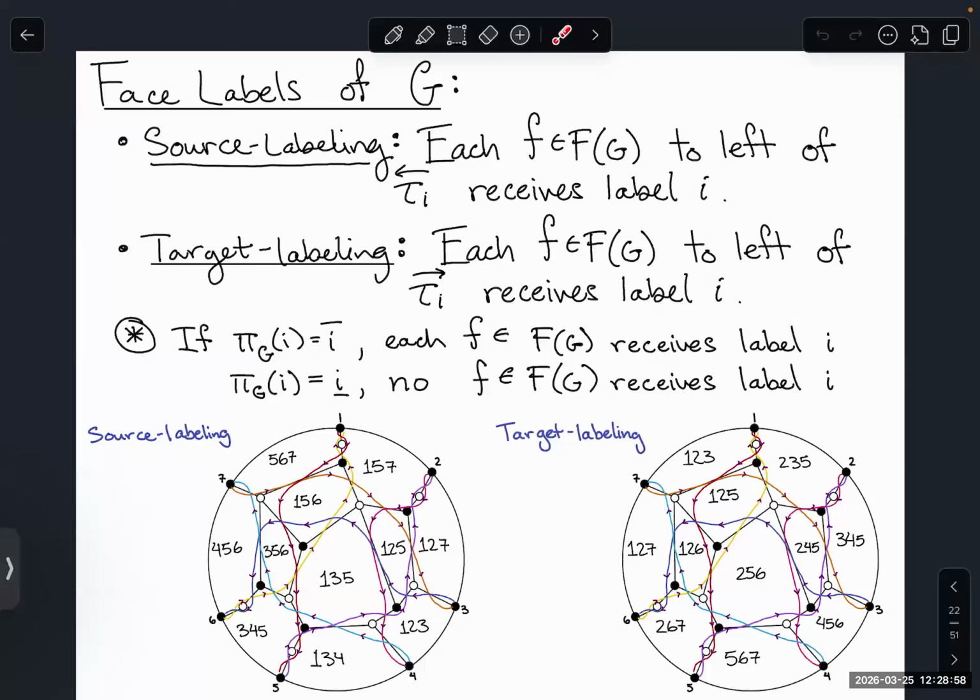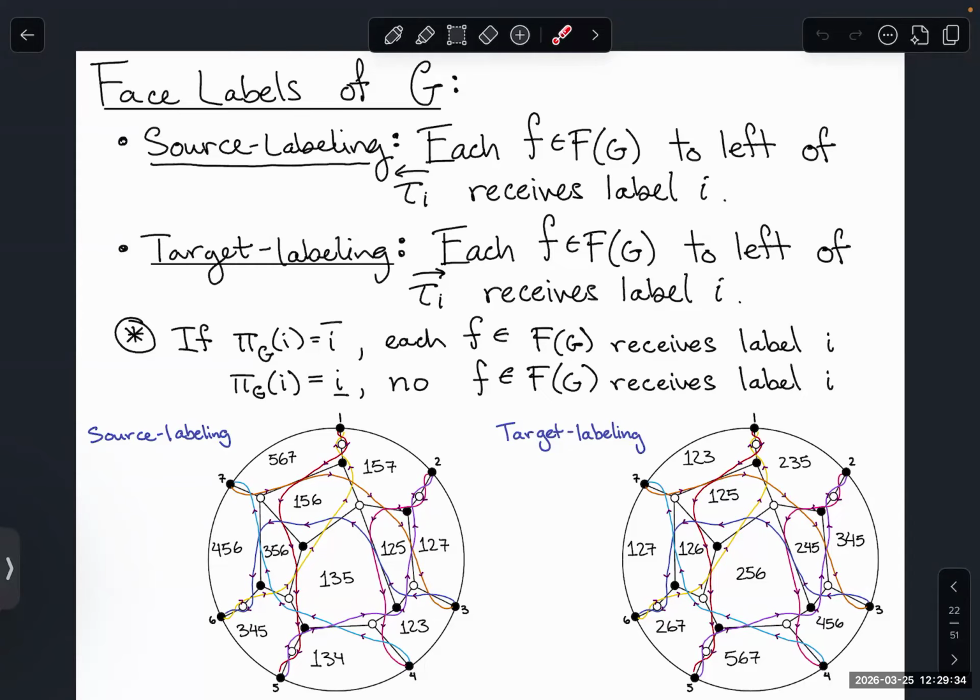The last thing we can do with strands is introduce face labels of G. There are two main conventions: source labeling and target labeling. In source labeling, we look at where a strand starts, and every face that lies to the left of that strand receives the label I if it starts at vertex I. In target labeling, if a strand ends at vertex I, every face to the left of this strand also receives the label I, which is likely different from source labeling.